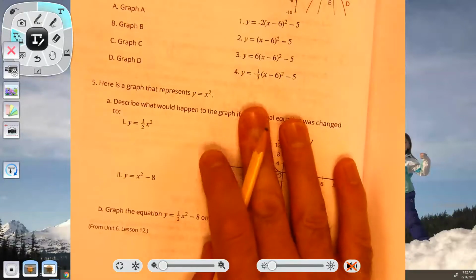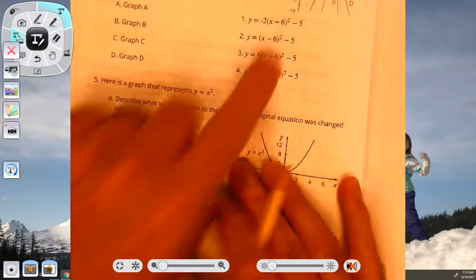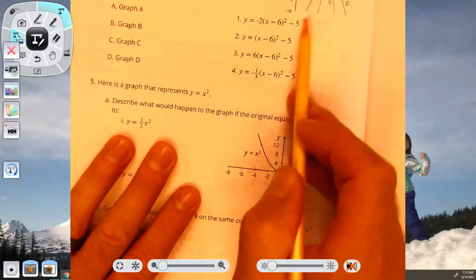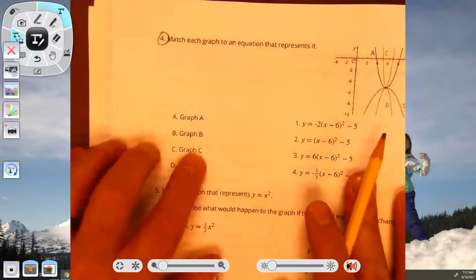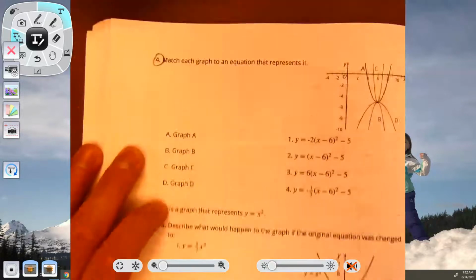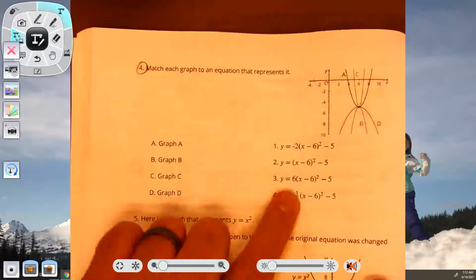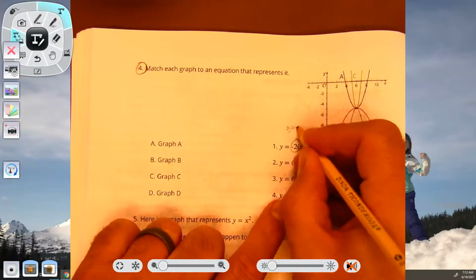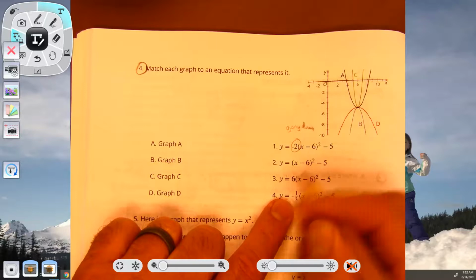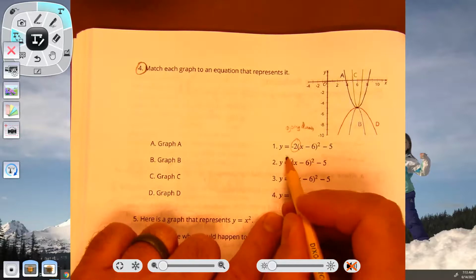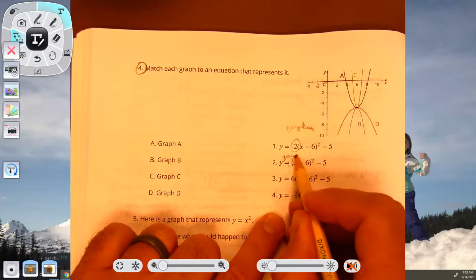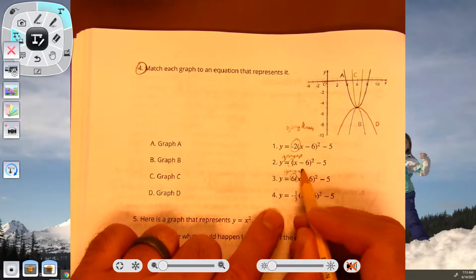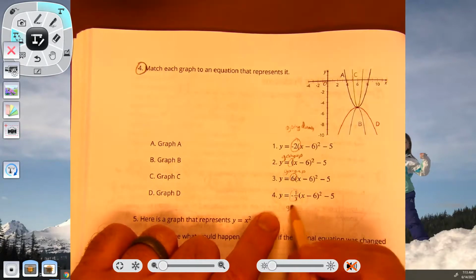Okay, since we know all this stuff about minimums and maximums and where the vertexes are, it's going to be easy for us to see which one of these graphs goes to which function. Okay, so again, this is going down because it's negative. This one is positive, so it's going up. This one's going up. This one's going down.